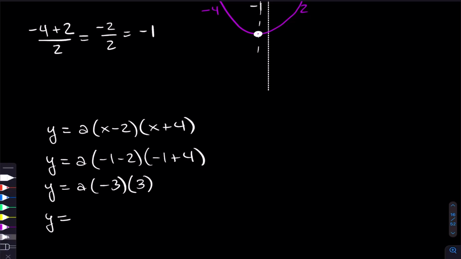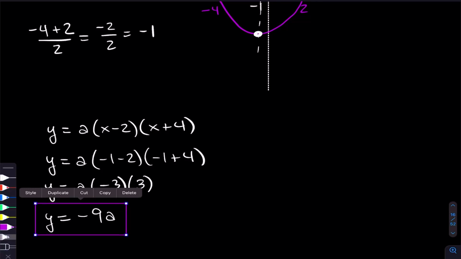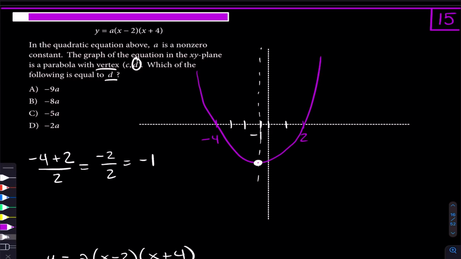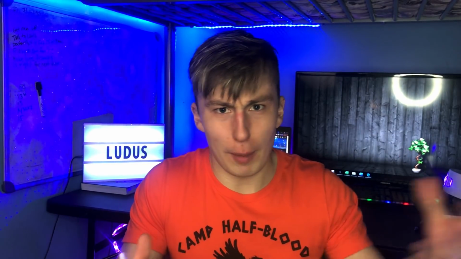And multiplying those together, we get that y is -9a. And that right there is choice D. Or sorry, choice A. It's choice A. So that's just something you've got to understand about parabolas, how they are symmetrical. I think a lot of people get confused with that concept, but that's just a property of parabolas.